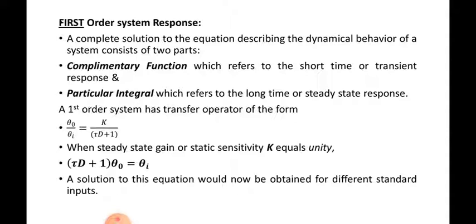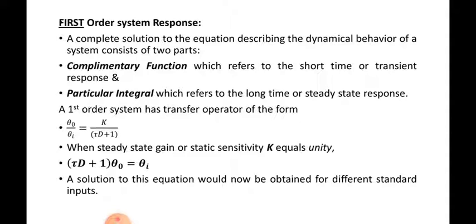A first order system has a transfer operator of the form theta 0 upon theta I equal to k by (tau D plus 1). Suppose we do the cross multiplication of this equation.